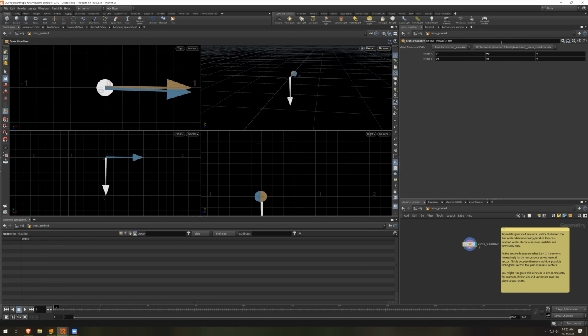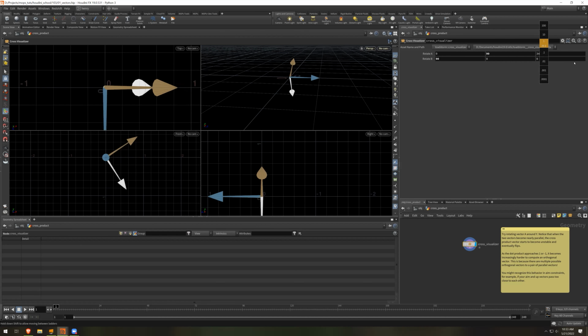And if I go even slower, you can see that there's this time in the middle where it's not working as well as I wanted it to. The reason I'm bringing this up is because if you have two vectors that are almost or are actually parallel to each other, and you're trying to find an axis of rotation with the cross product between the two, there eventually comes a point where it's indeterminate. You're not going to find anything useful.